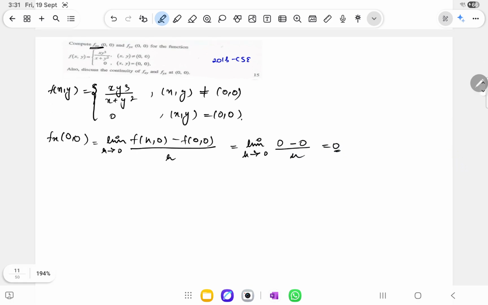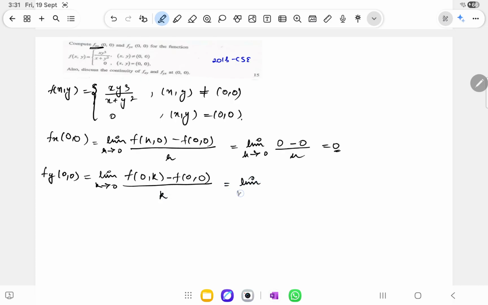Likewise we can compute f_y(0, 0). That will be the limit as k approaching 0 of f(0, k) minus f(0, 0) divided by k, and f(0, k) will be 0 only and f(0, 0) is 0. So this also turns out to be 0.